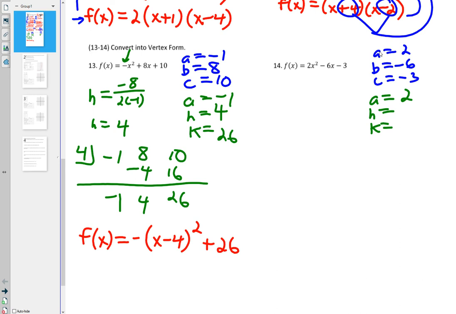Anybody think they're close or no? You got it already in? Let's see, what'd you get? That could be right. Let's see. So, did anybody get anything different? What would you get?